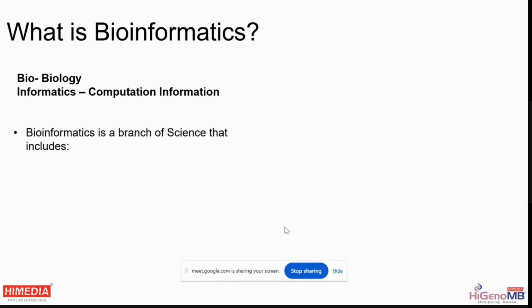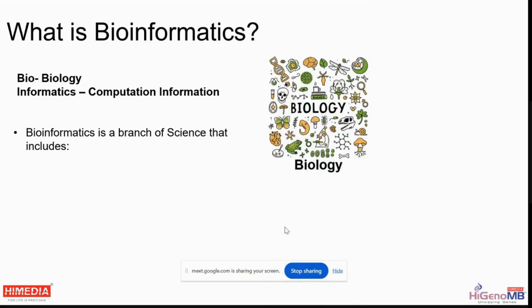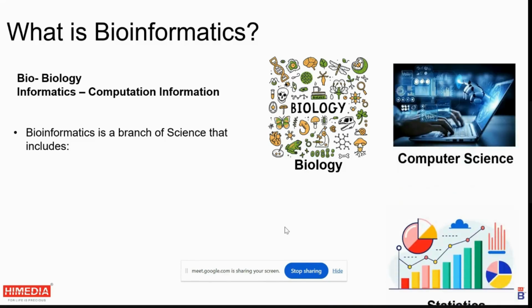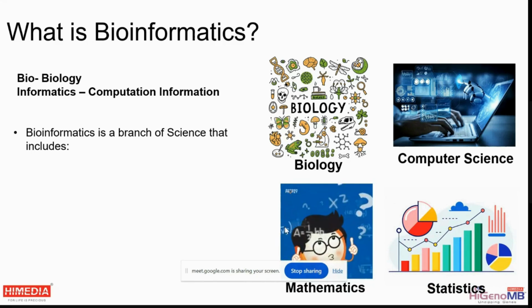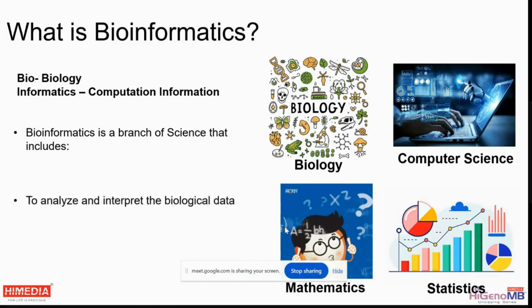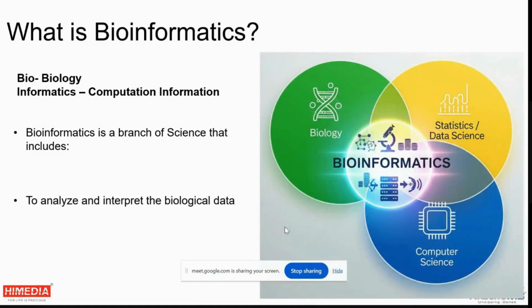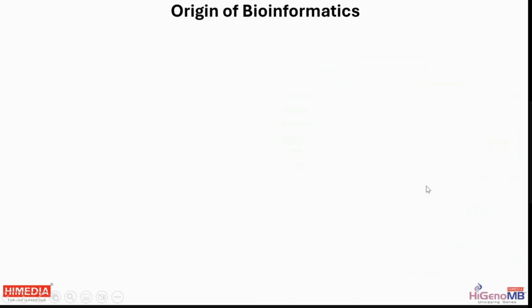Bioinformatics is a branch of science that includes biology, computer science, statistics, and mathematics, which most biologists are scared of. All together they analyze and interpret biological data. So the inclusion of biology, statistics, and computer science together becomes a branch known as bioinformatics.